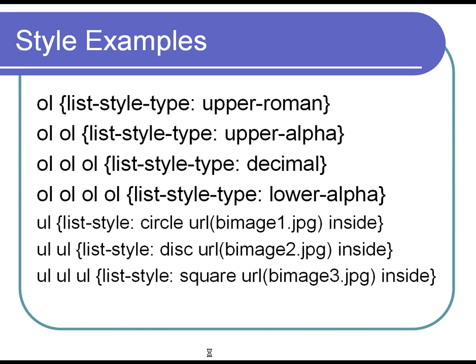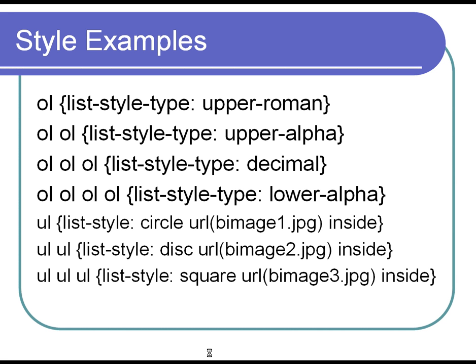Now, we only had a few types of styles. For the unordered list, we had a disk, a circle, and a square. But you can make your own bitmapped image, like a JPEG. You could put it into a file, and it's got to be a little bitty thing, because if you make a big image, you're going to take up a lot of web space. But you could create your own shapes.